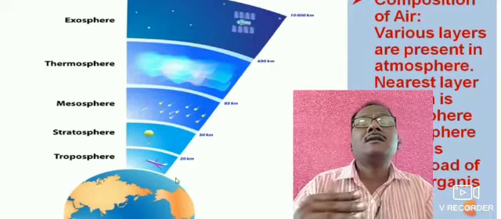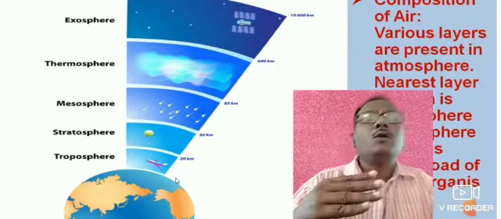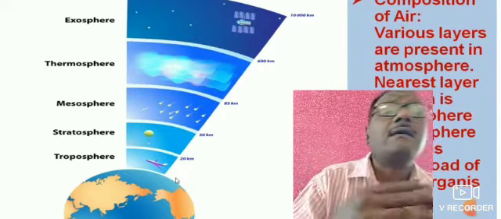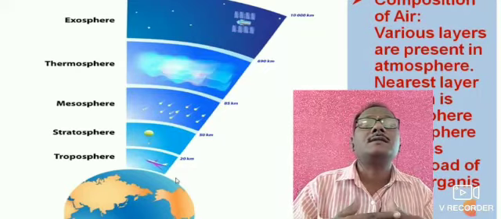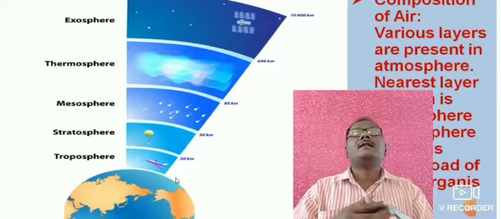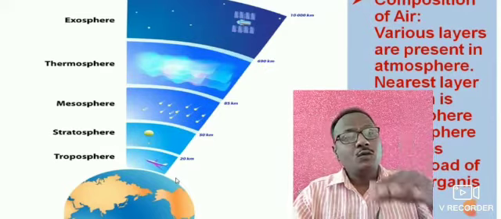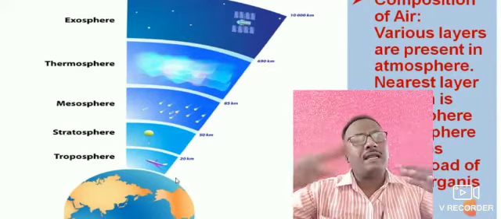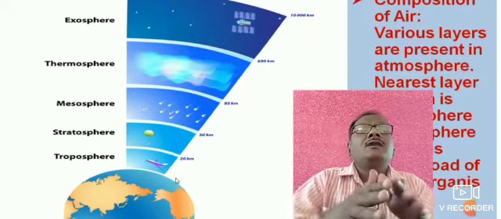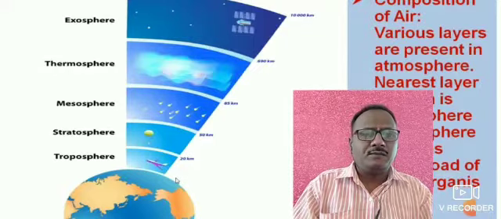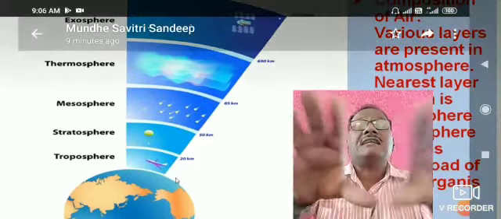And the last layer, from 690 to 10,000 kilometers, is the exosphere. These are the five layers above the surface of the earth, and different microorganisms and their spores are spread into these layers.